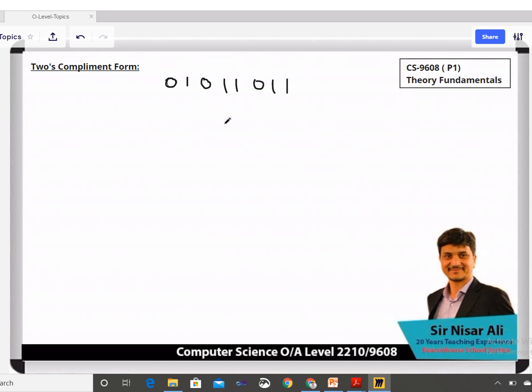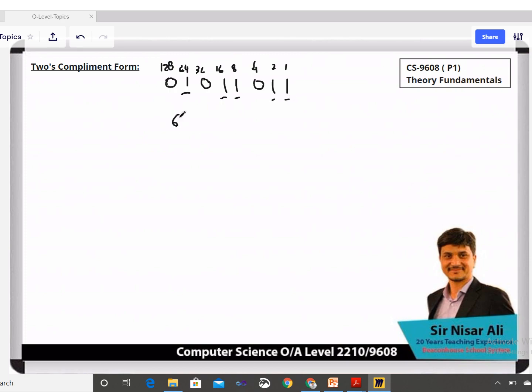Normally, while converting this number, we write the place values 1, 2, 4, 8, 16, 32, 64 and 128, and by turning on the positions that hold ones, we get the number out of it.